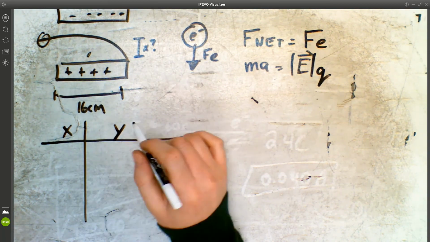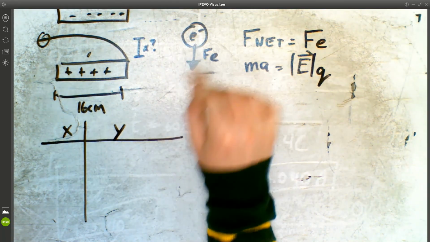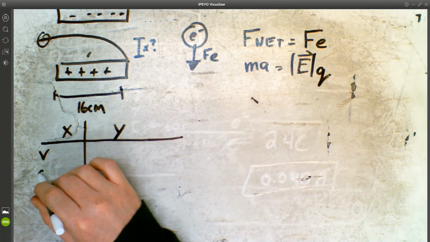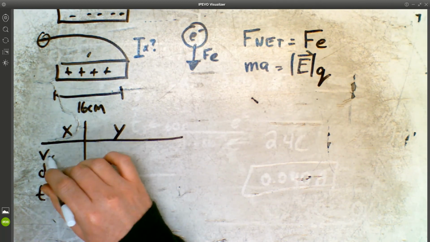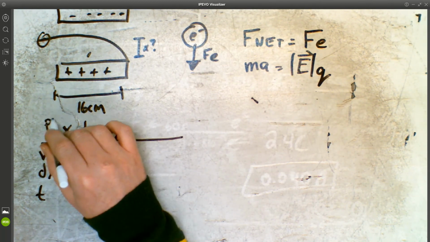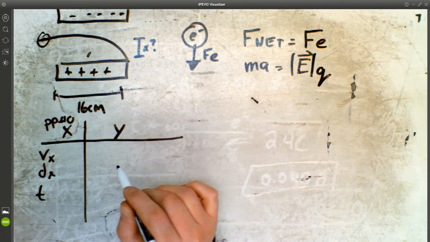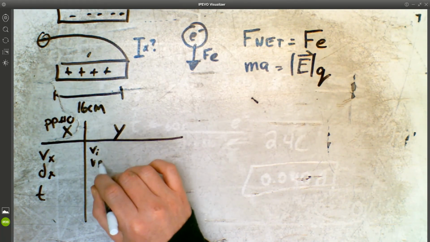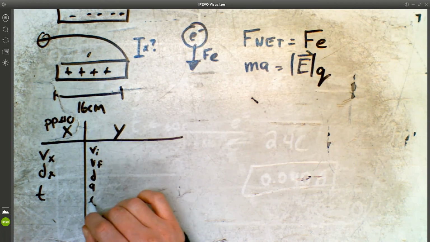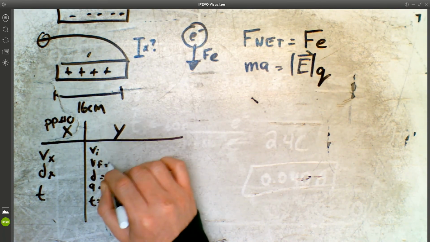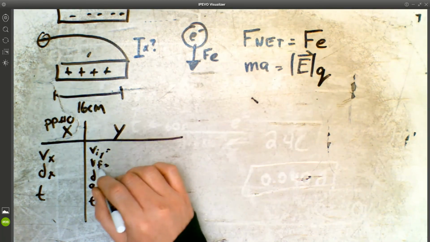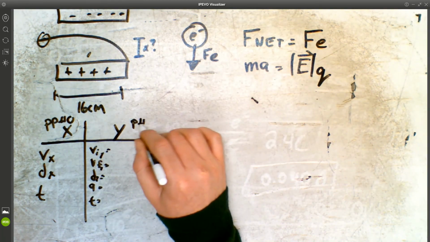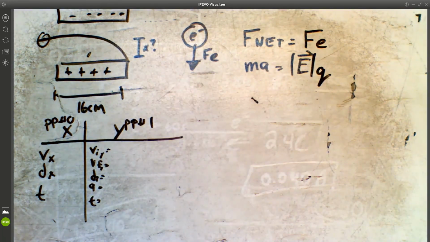In our x, there's no forces acting on it, so we use v, d, and t, physics principle 0. In our y, we are accelerating, so we use physics principle number 1.